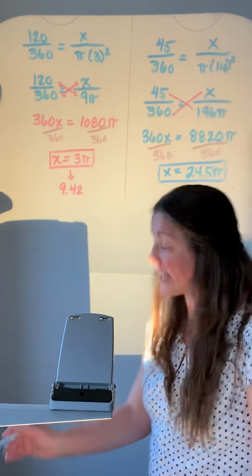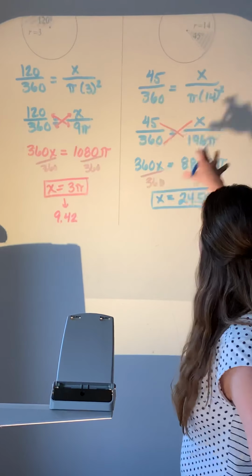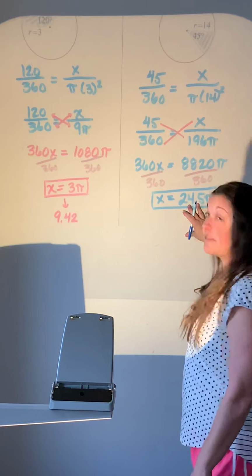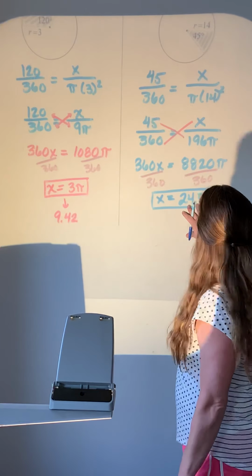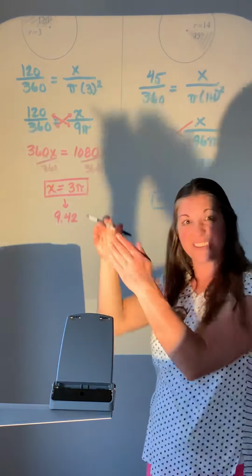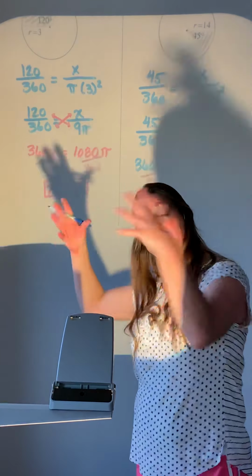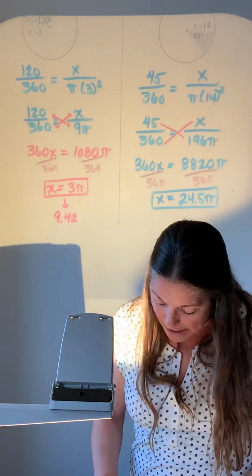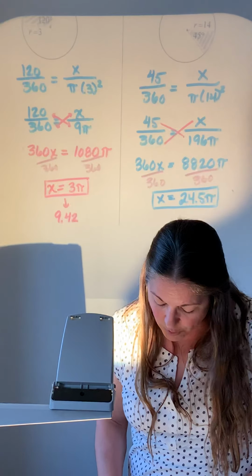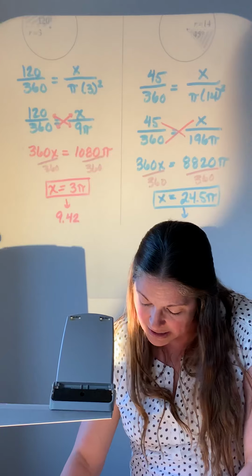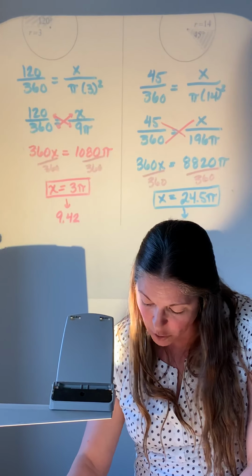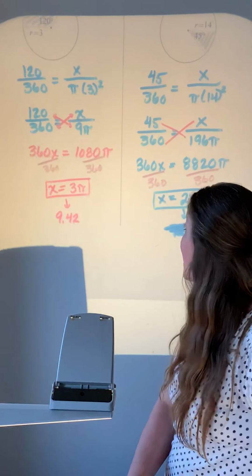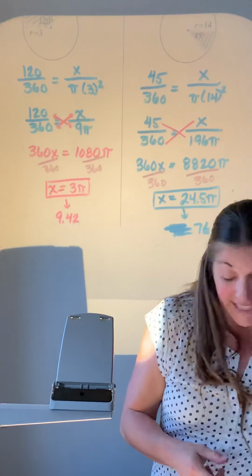Again, just double checking, the entire area of this was 196. Therefore, this definitely must be less, and in fact, it must be a lot less because notice that that little sliver is not that big compared to the entire pie, the entire pizza, if you will. When I multiply the 24.5 by 3.14, I get 79. Oop, no I don't. I get 76.93. And that is finding the area of a sector.